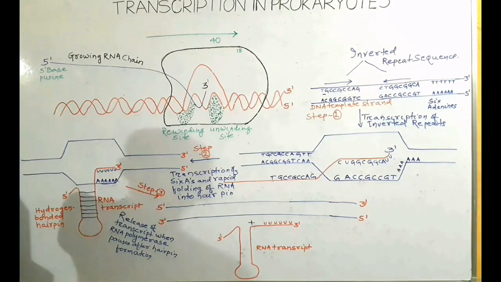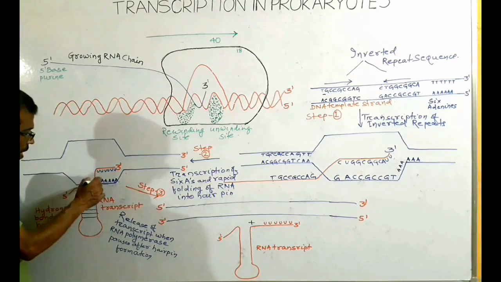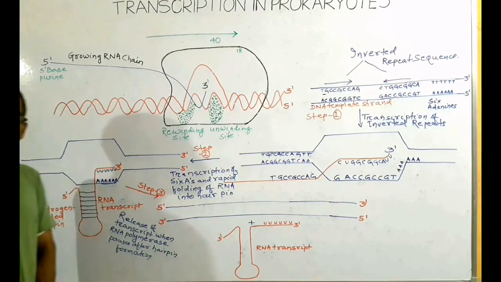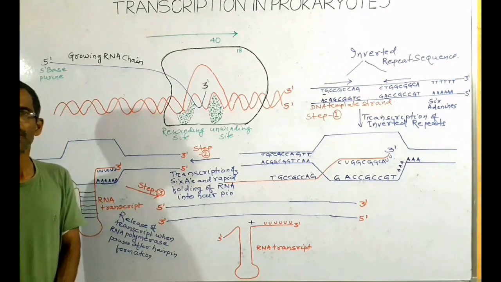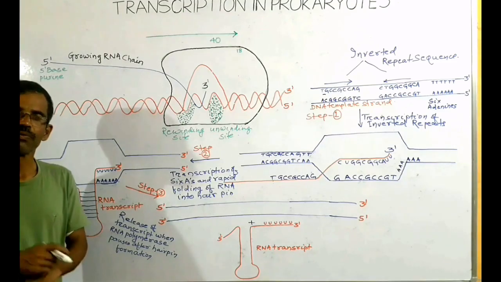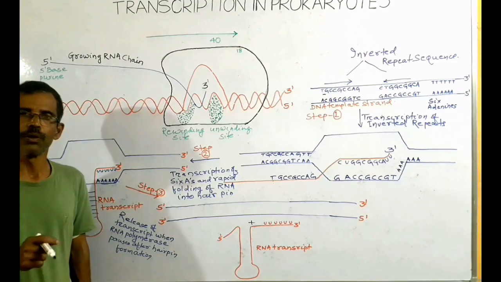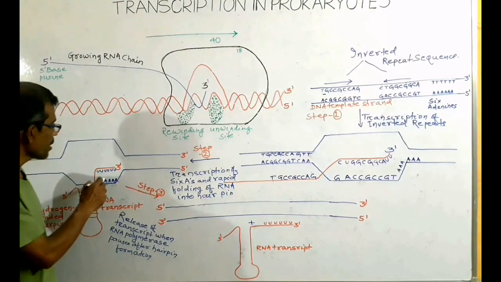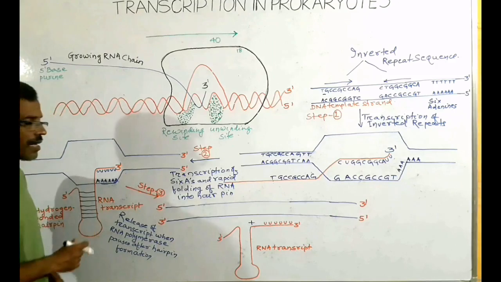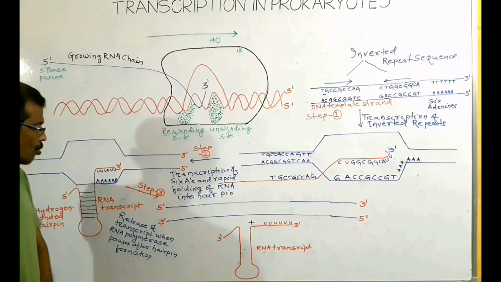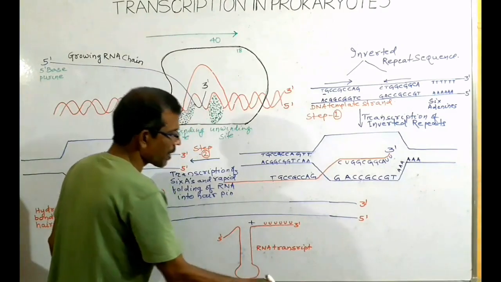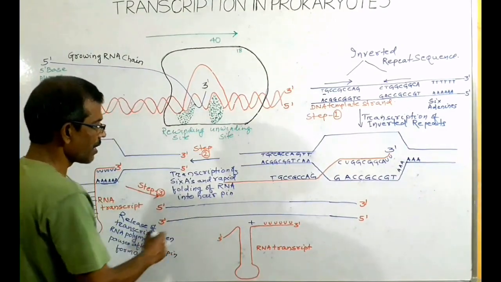In addition to this, the base pairing between uracil and adenine is weaker as compared to other base pairs. So because of the formation of the hairpin loop and also because the base pairing between uracil and adenine is weak, the growing RNA chain is easily separated from the DNA.